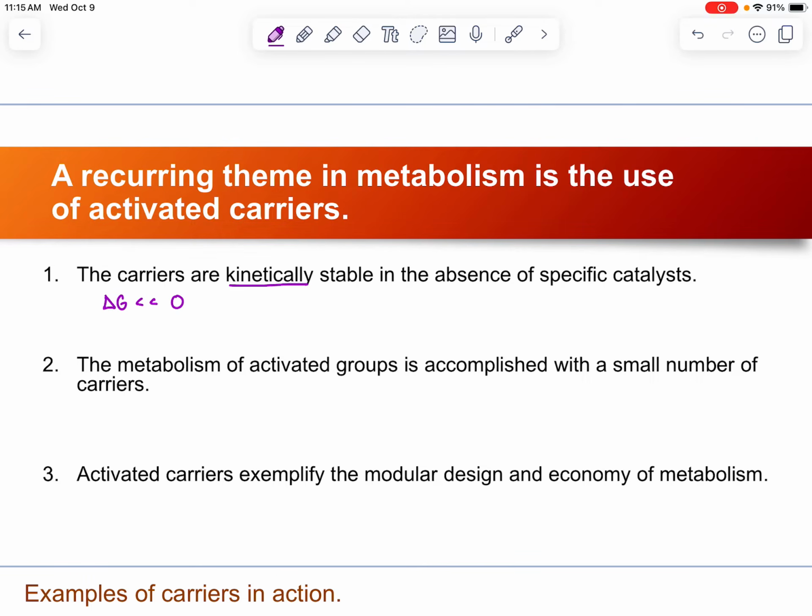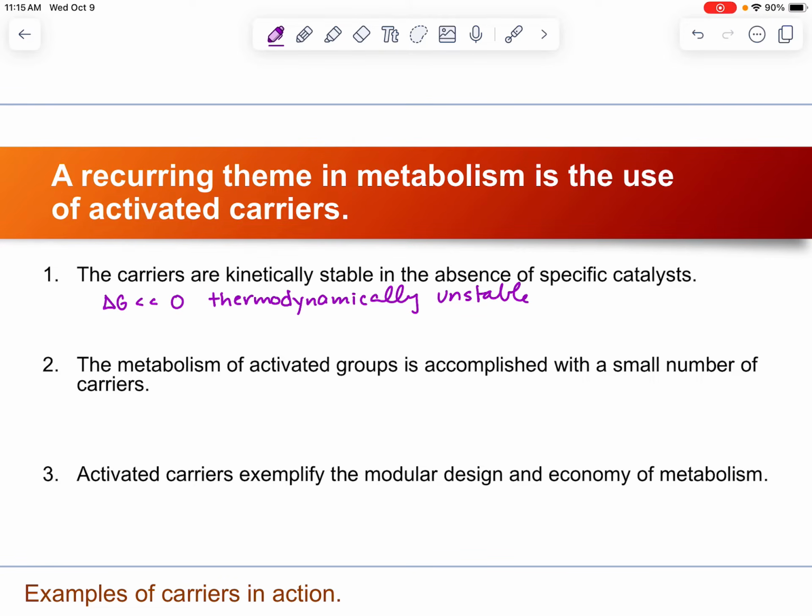So it is thermodynamically unstable. So we would expect, if there was no kinetic problem, that this would just go to products. Those products are much more stable, much lower energy.